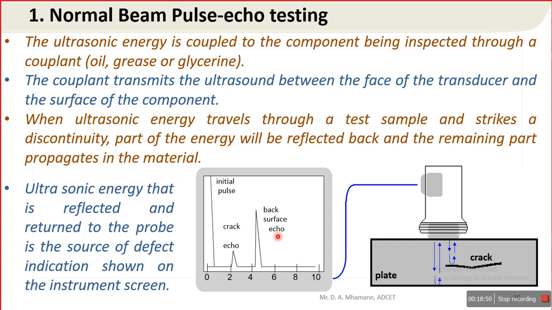The ultrasonic energy that is reflected and returned to the probe is the source of defect indication shown on the instrument screen. So here this is the source of indication of the crack. When the sound energy is reflected from this crack, we get this crack echo on the screen. Here we use longitudinal wave, and a single probe which transmits as well as receives the ultrasound.